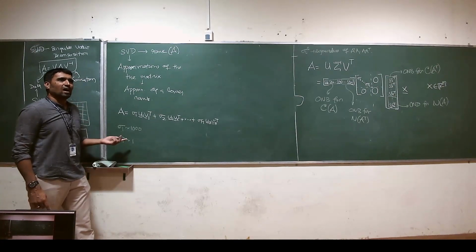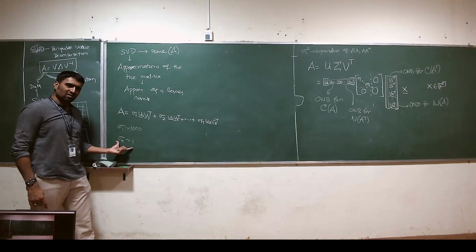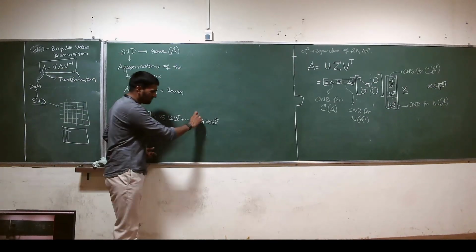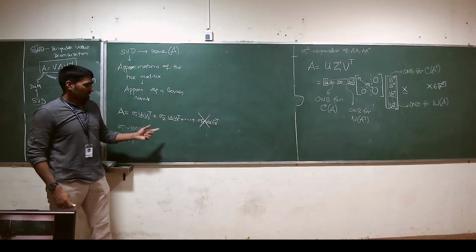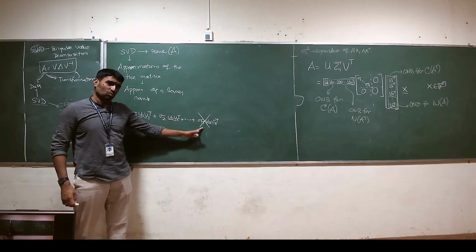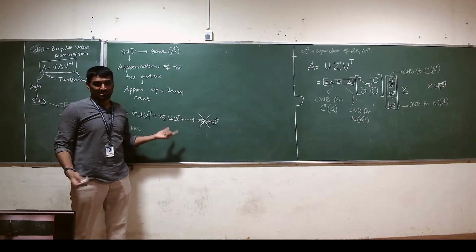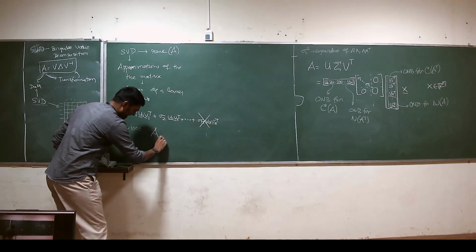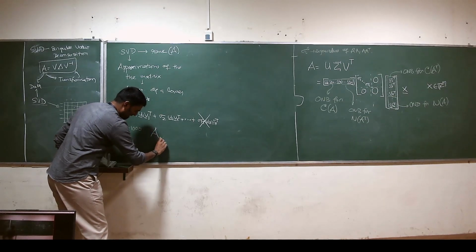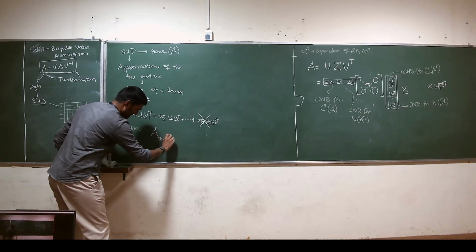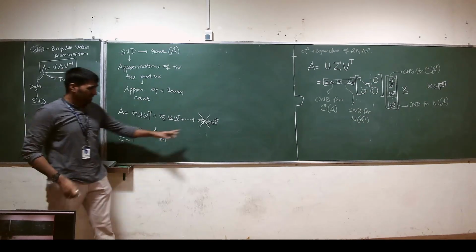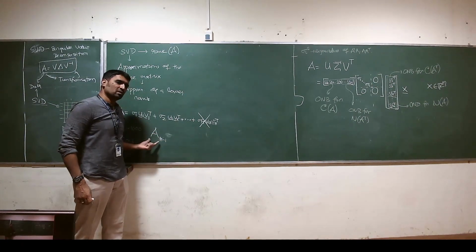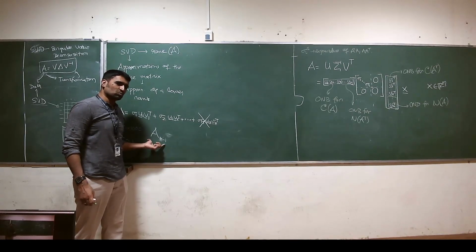So I can afford to lose this without losing too much structure in my data. So you could say, I'm going to simply get rid of this. If you get rid of this, what you have is a different matrix, not A. I'm going to call that A R minus 1.